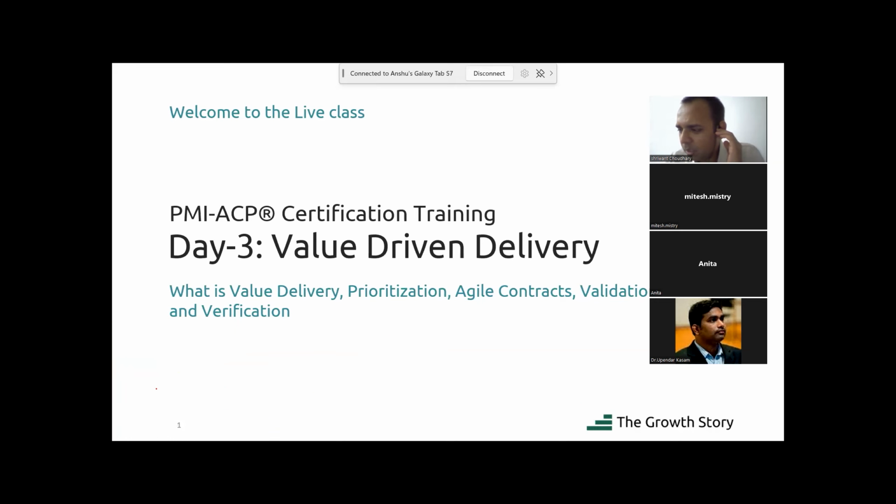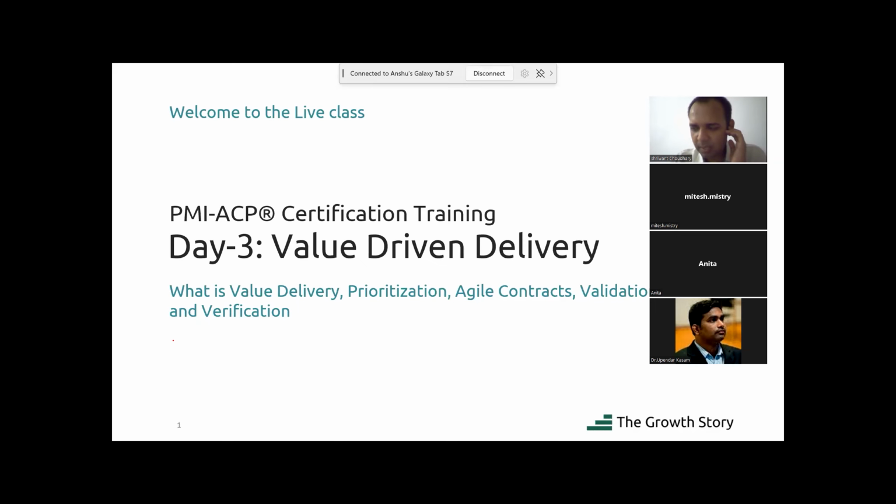We discussed different types of prioritization methods. Why do we need prioritization at all? To get early value from the project.